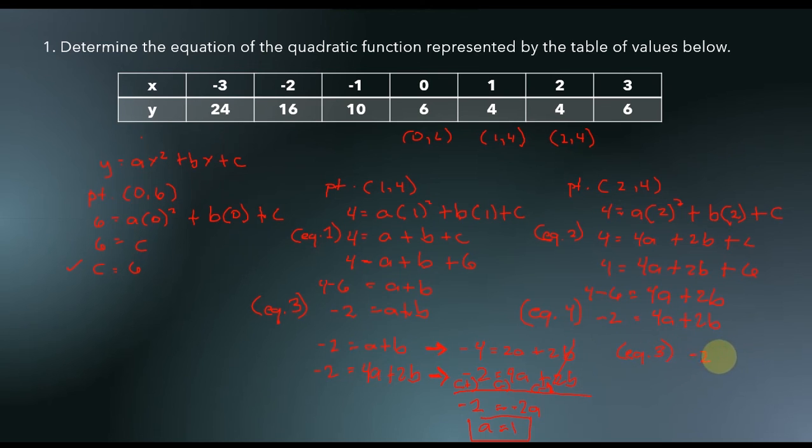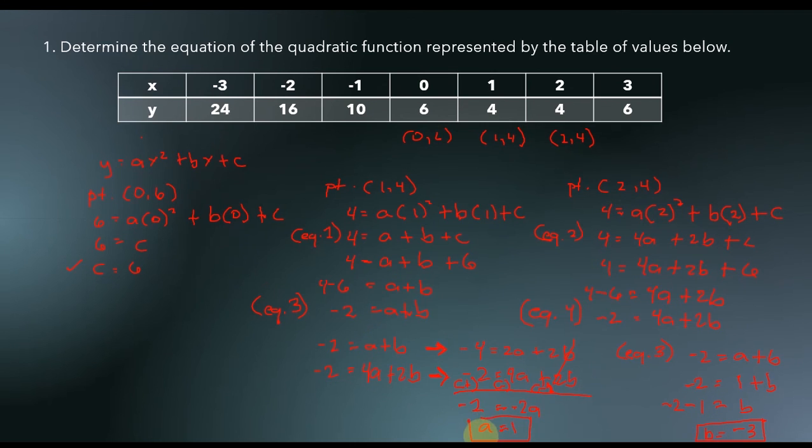Negative 2 equals a, and a is 1. Negative 2 equals 1 plus b. Using the addition property of equality, this will give you negative 2 minus 1 equals b, or b is equal to negative 3.